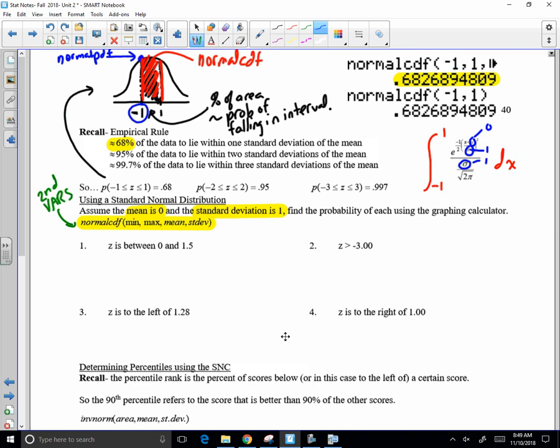All right. So number 1 is very similar to what we just did. If I needed to find the probability that z is between 0 and 1.5, I would just note it like this.